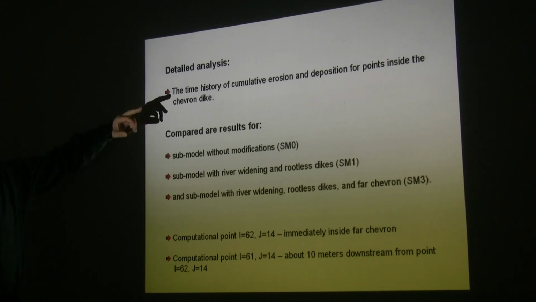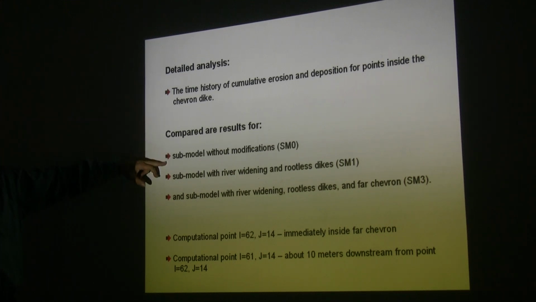We did a time history analysis of what's happening, what's the influence of those 3 measures, especially the chevron dike. This was a part, called a submodel because it's a part of a larger model. We had the model without modifications, without putting any of those measures in it.